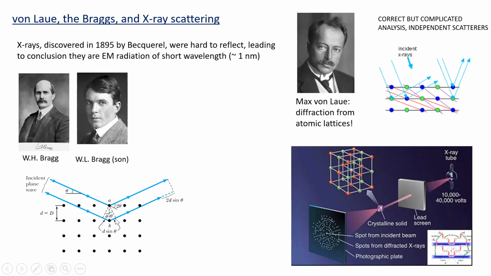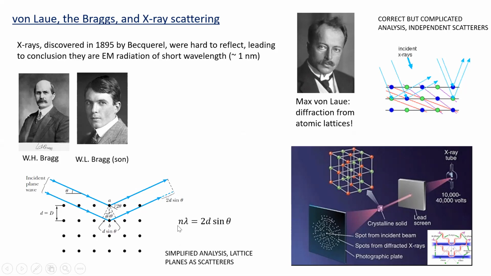So this second lattice plane would lag the first by 2d sine theta. This led to the Bragg diffraction law: we get constructive reinforcement between these 2 reflected X-rays off these planes, and further reflected X-rays off of lower planes, if an integral number of wavelengths equals 2d sine theta, because then we get constructive interference. So this was a simplified analysis with lattice planes as scatterers, much simpler than von Laue's analysis, although yielding the same result.